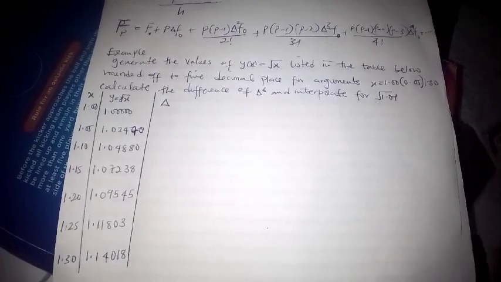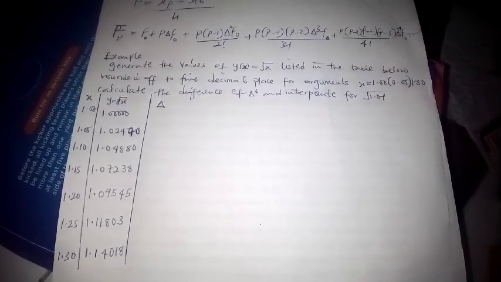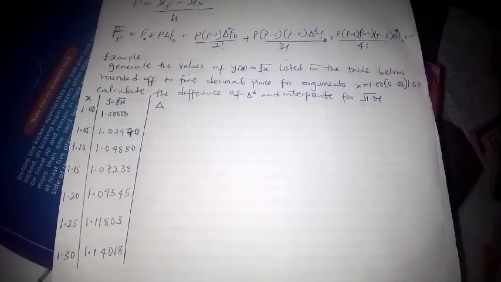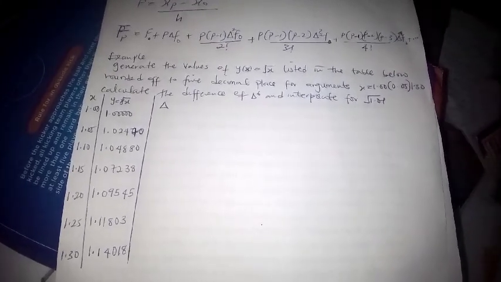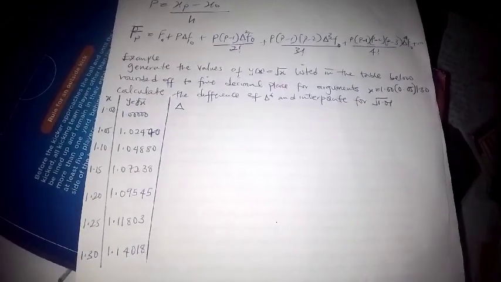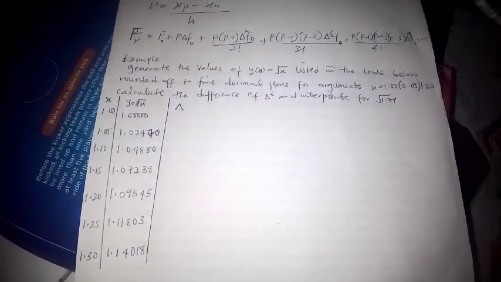They said we should calculate the differences up to delta 6 and interpolate for 1.01. This is what the question actually means.